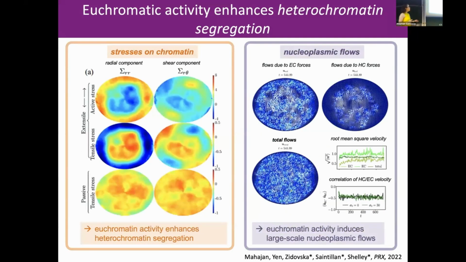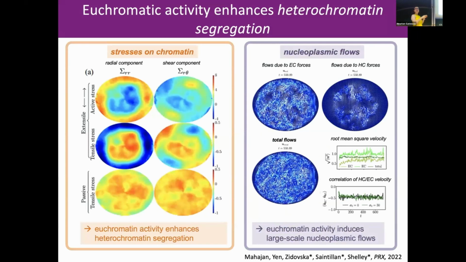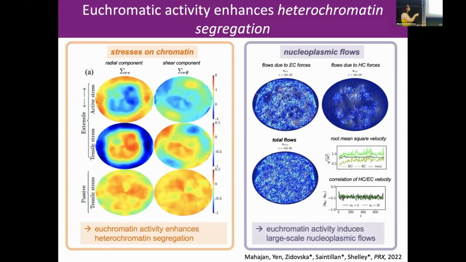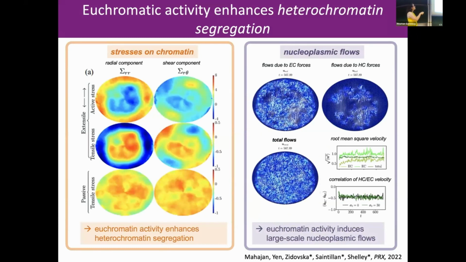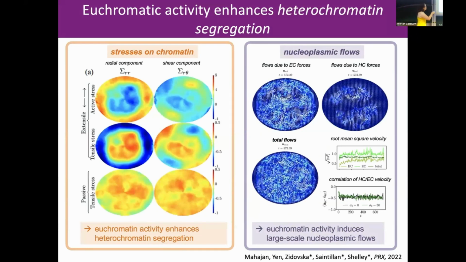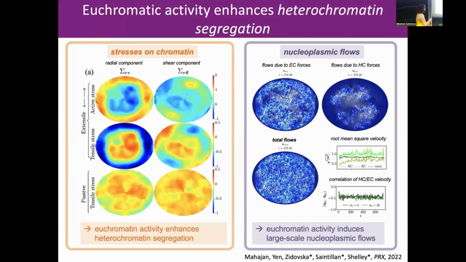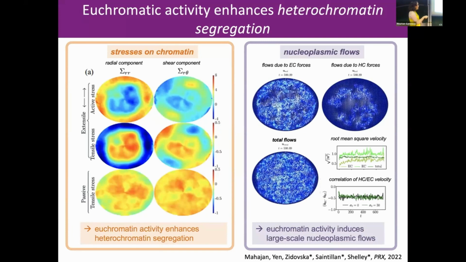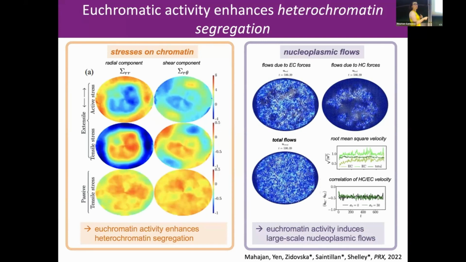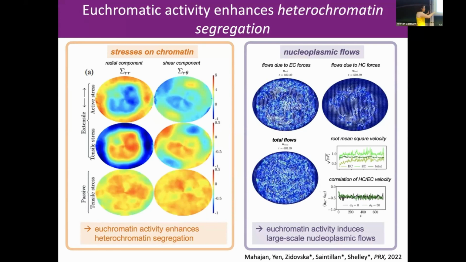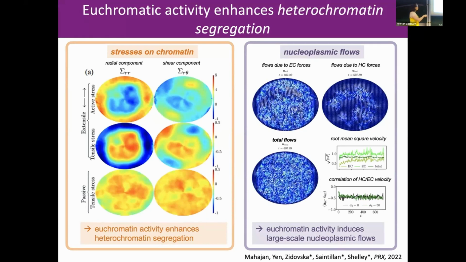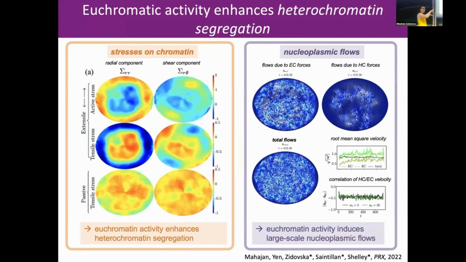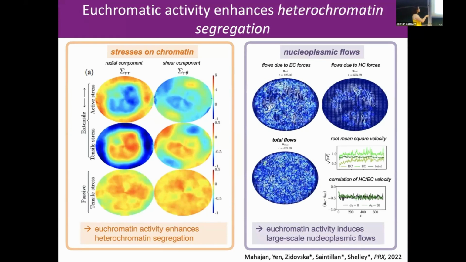And even more, we can analyze the local stresses in different directions inside the nucleus. So we can look at the stresses on chromatin, both the radial component and the shear component of the stresses in the system. And you see the distribution here in the passive case. So there is some heterogeneity to it, but it's not very strong. But once you add the activity, right, the contrast is striking.